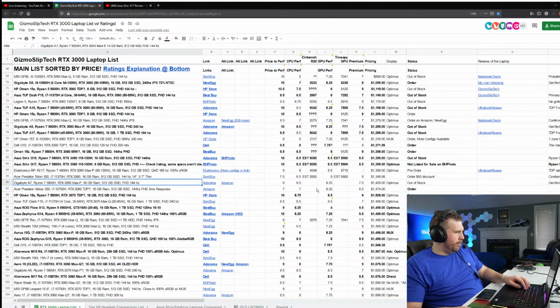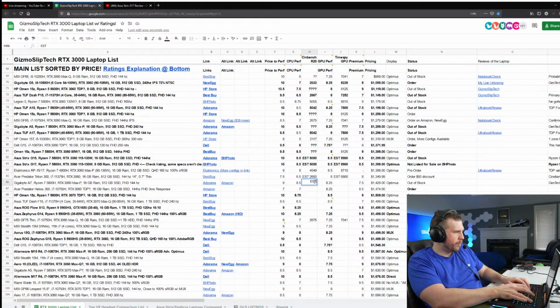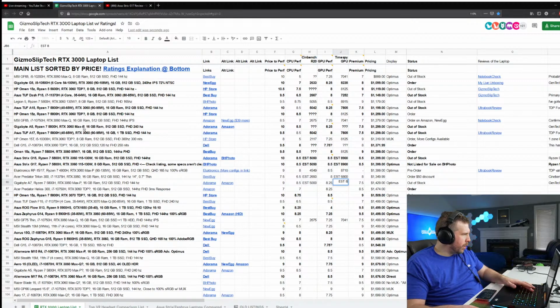Gigabyte A7. For this one, again, no one's going to have gotten it, just like the A5. The 3060, we don't know exactly what it is, but it should be like 80. We did question marks for the A5.